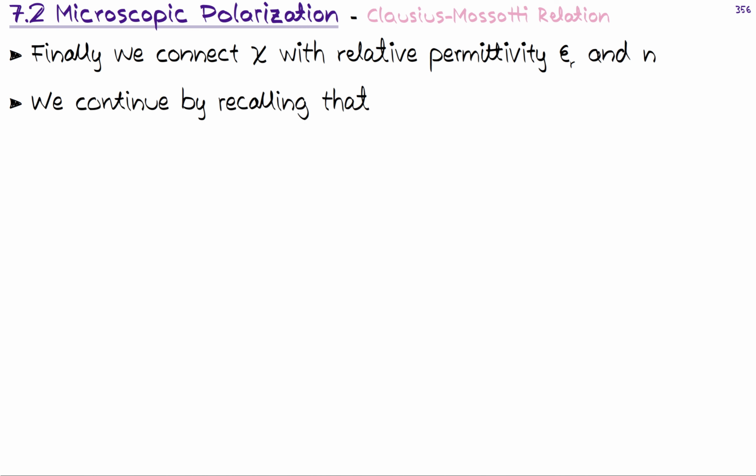So please recall that the relative permittivity epsilon r is equal to 1 plus chi. So that's the relation. And then we can plug this into the earlier relation we found for the material susceptibility chi. So chi is equal to epsilon r minus 1.